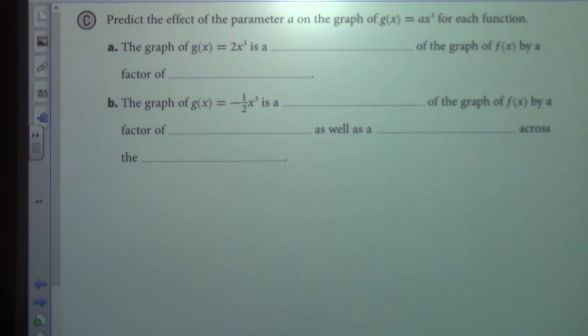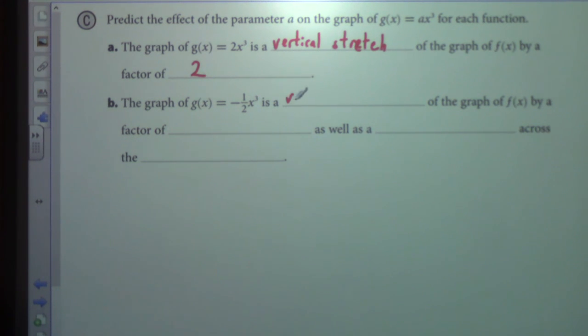Yeah, it controls the width or narrowness, but the kind of transformation we call it is a vertical stretch. We're going to get to reflection here a little bit, but this is called a vertical stretch by a factor of 2. That's stretch. By a factor of 2. Thank you. The graph of g of x equals negative 1/2 x cubed is a what of the graph?